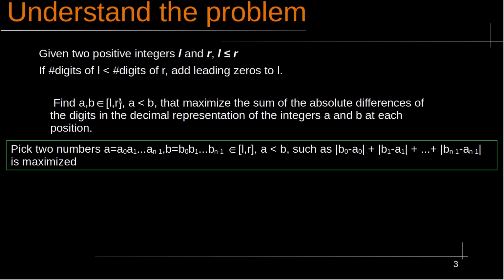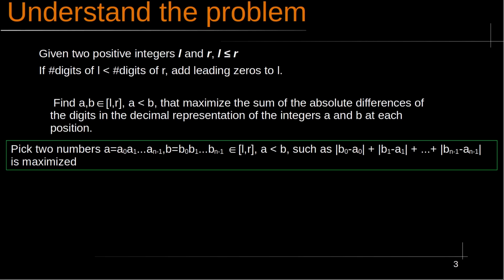But we can say that you are given two positive integers, L and R, such that L is less than or equal to R. If the number of digits of L is less than the number of digits of R, we have to add leading zeros to L on the left, of course.